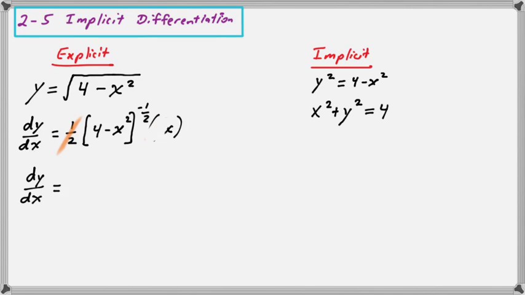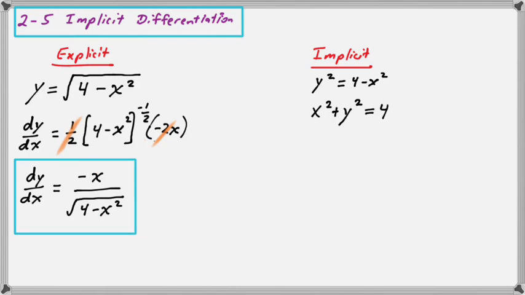What is the derivative of the base? I believe it's a negative 2x, isn't it? So those could cancel. I think that would leave me with a negative x over the square root of 4 minus x squared.